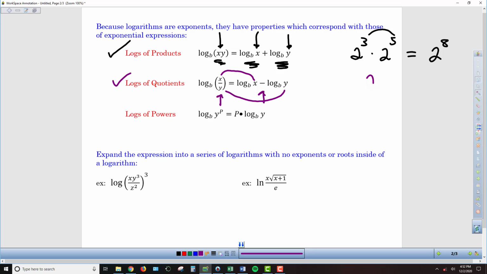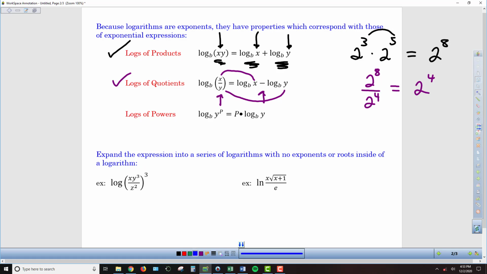And so this is the same as what we experience if we had 2 to the 8th divided by 2 to the 4th. We know that we can rewrite that as a single base, same base, no change, just like what we see in this rule for the log of quotients, but we're just going to subtract these exponents. So 8 minus 4 is 4, so same thing here. Division within a logarithm translates into the subtraction of two separate logs.